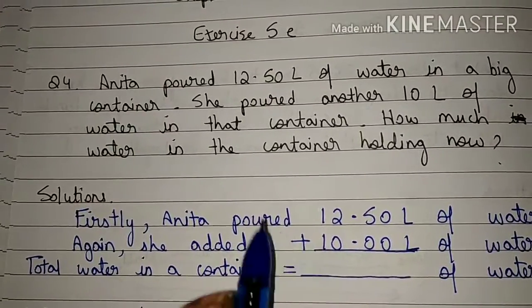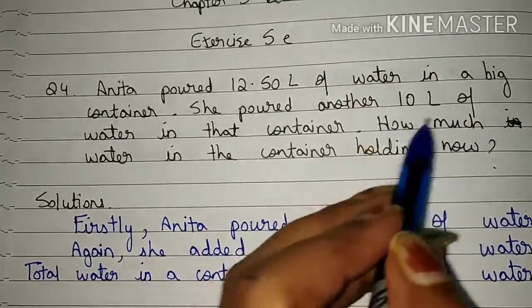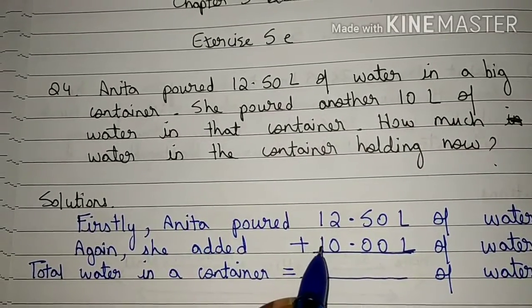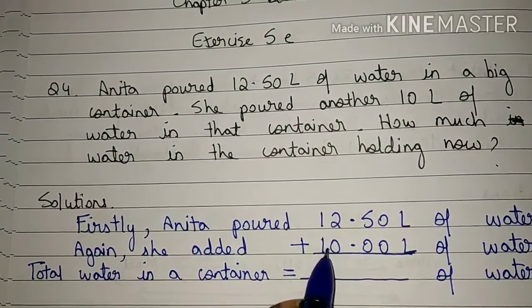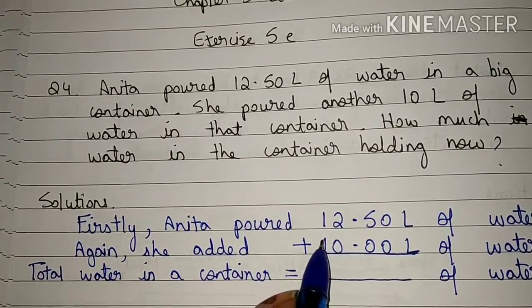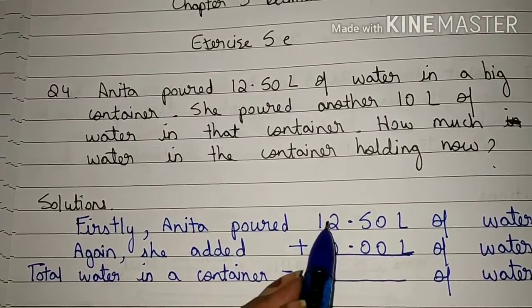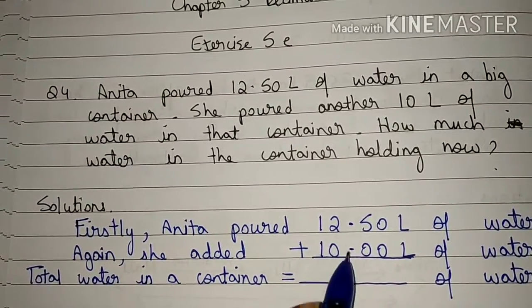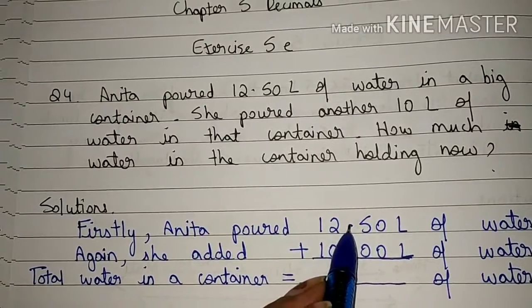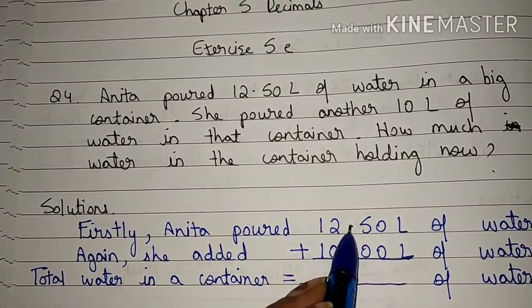Now students, you can see that here it is 10 liter. So you will write 10 below the 12 because it is only 10 liter. After that we will put a decimal point here because here it is a decimal point.